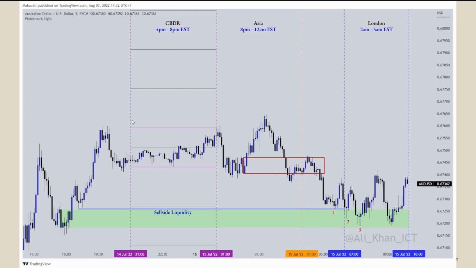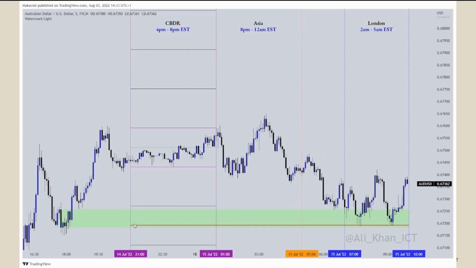Now, how do we use our central bank dealers range to also form confluence of how far this Judas swing from 12 a.m. New York is likely to go lower? Well, if we take the midpoint between standard deviation 1 and standard deviation 2, we tag 1.5 standard deviations of the central bank dealers range.